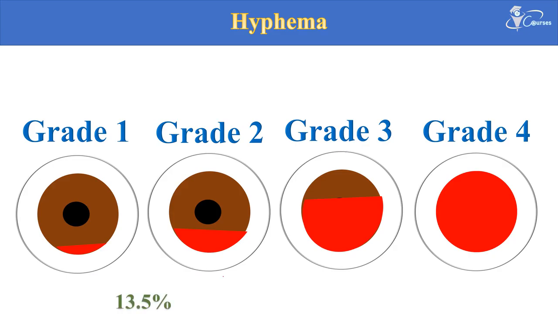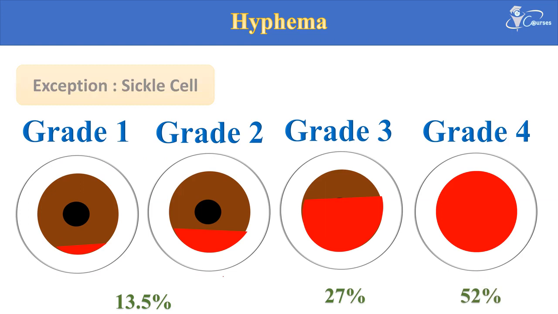Grade 1 and grade 2 will be 13.5%, grade 3 will be 27%, and grade 4 will be, as I told you, 50%. Around 50% of those patients will develop glaucoma.